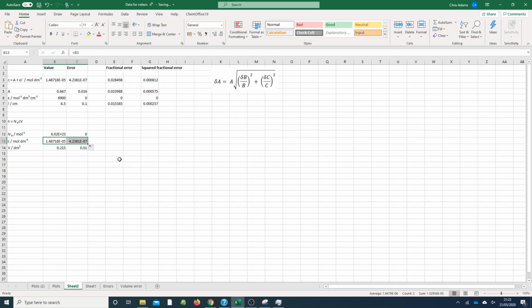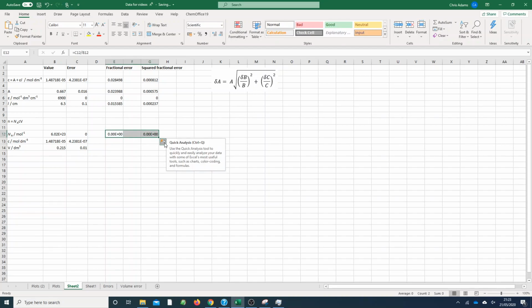Now we're ready to work out the individual fractional errors. So the fractional error in Avogadro's number is that divided by that, which is 0, because we've assumed there's no error. And the squared fractional error equals that to the power of 2, also 0.